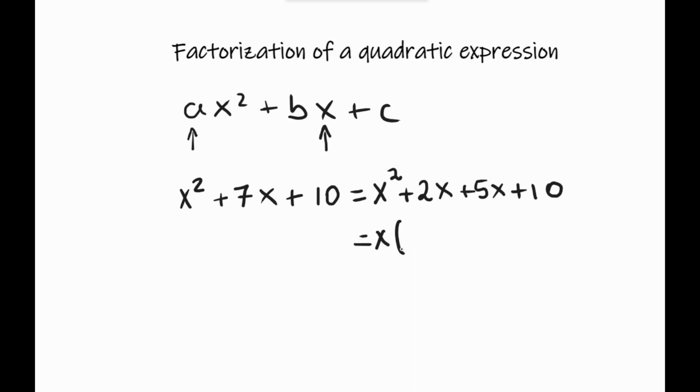And we have x times brackets x plus 2. And from the last two terms, we take 5 as common factor.